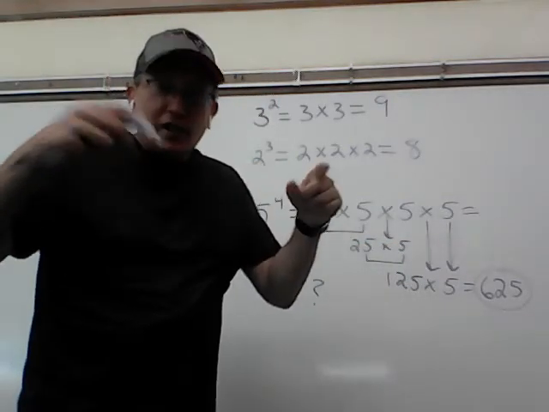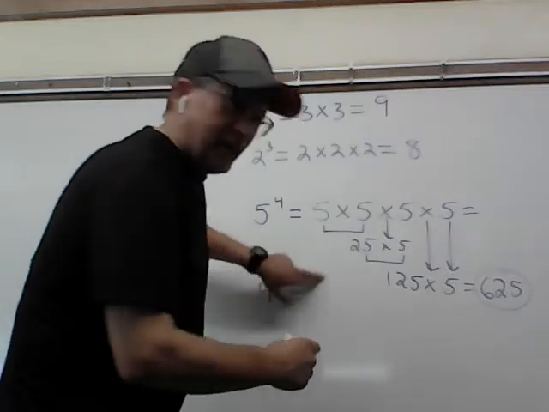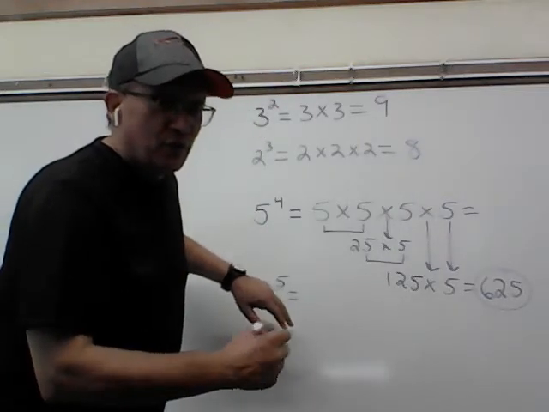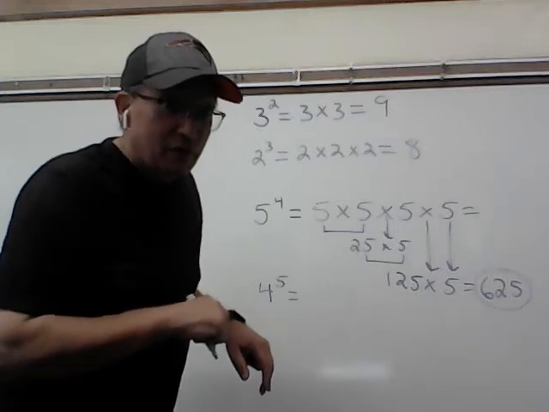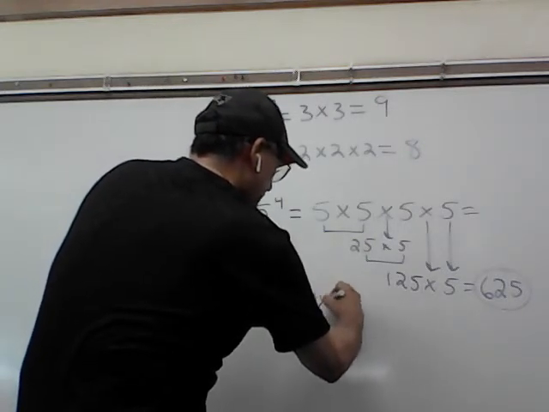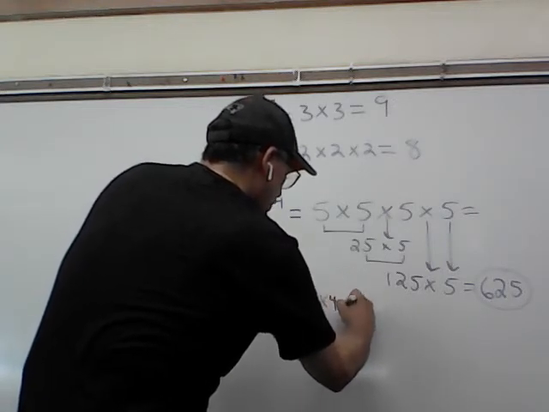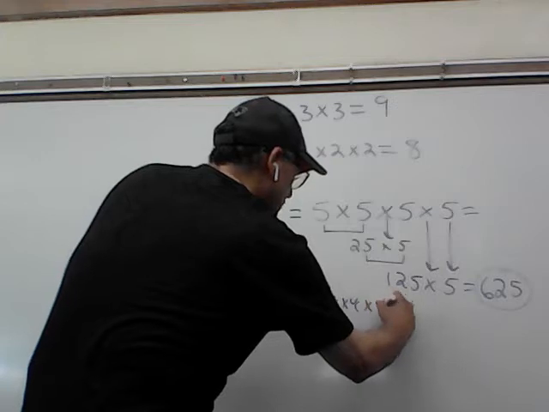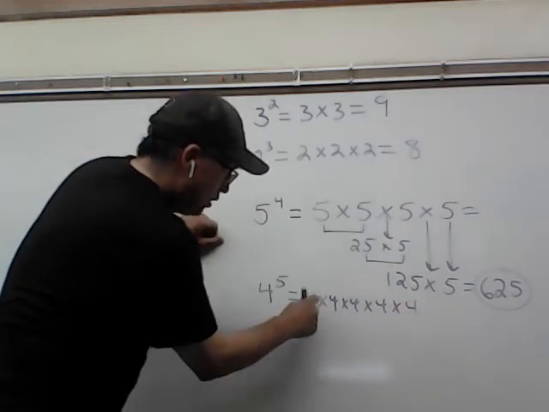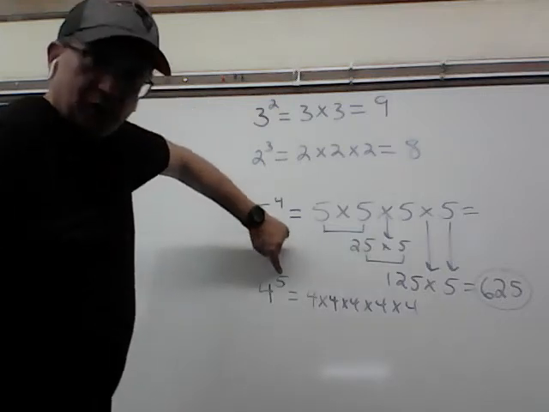Now, my calculation skills are going to be tested a little bit more this time than before, because I kind of knew 5 to the 4th already. I have not memorized 4 to the 5th. But let's work it out. 4 times 4 times 4 times 4 times 4. 1, 2, 3, 4, 5 4s. 5 4s multiplied together.